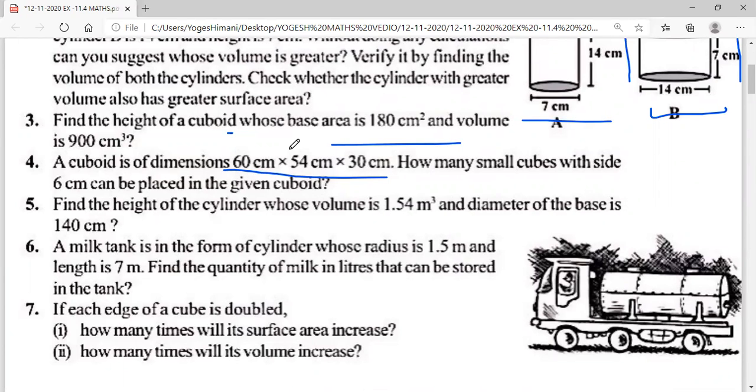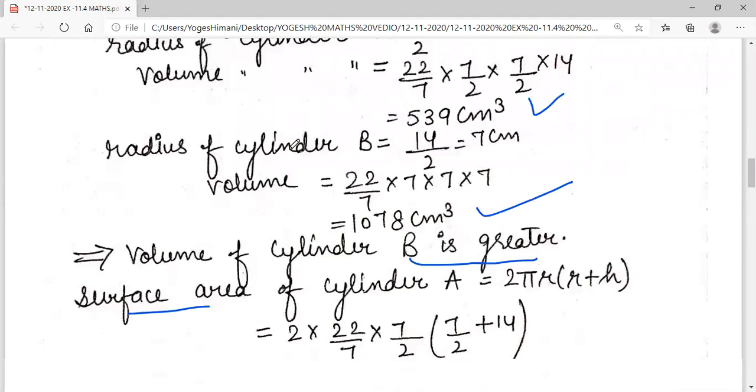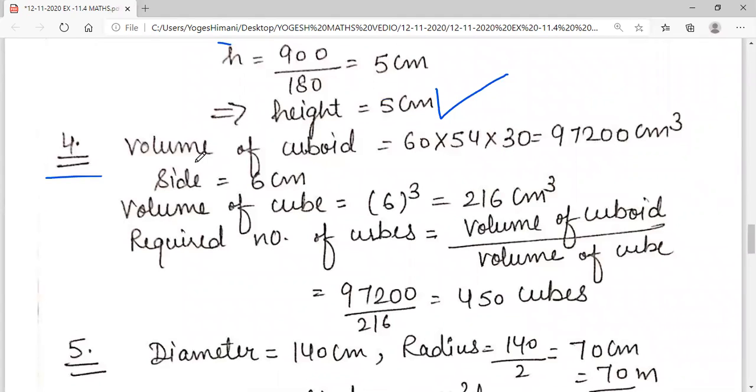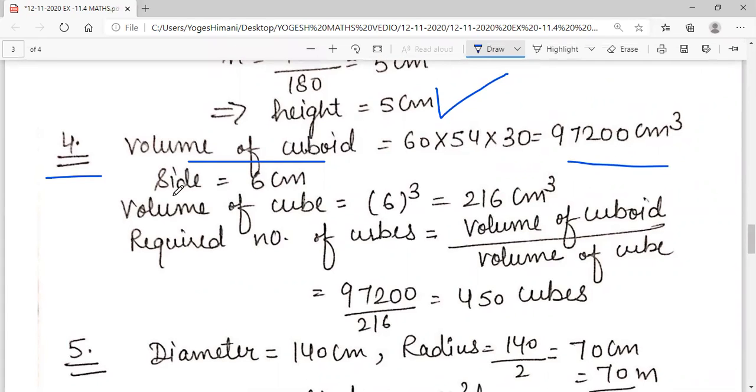First of all, we will find the volume of the cuboid, that is, the volume of the big room. That will be 60 multiply 54 multiply 30, which is equal to 97,200 centimeter cube. The side of the cube is 6 centimeter, and the volume of the cube is 6 cube, which is equal to 216 centimeter cube.